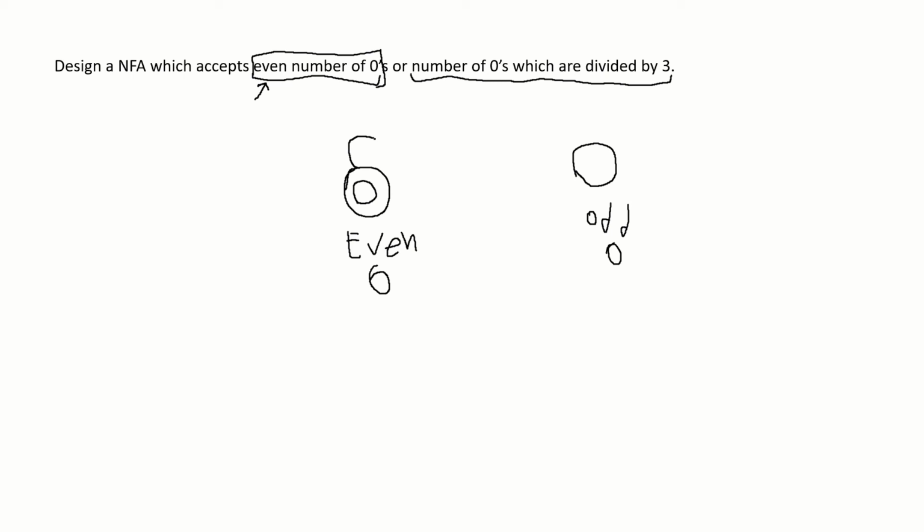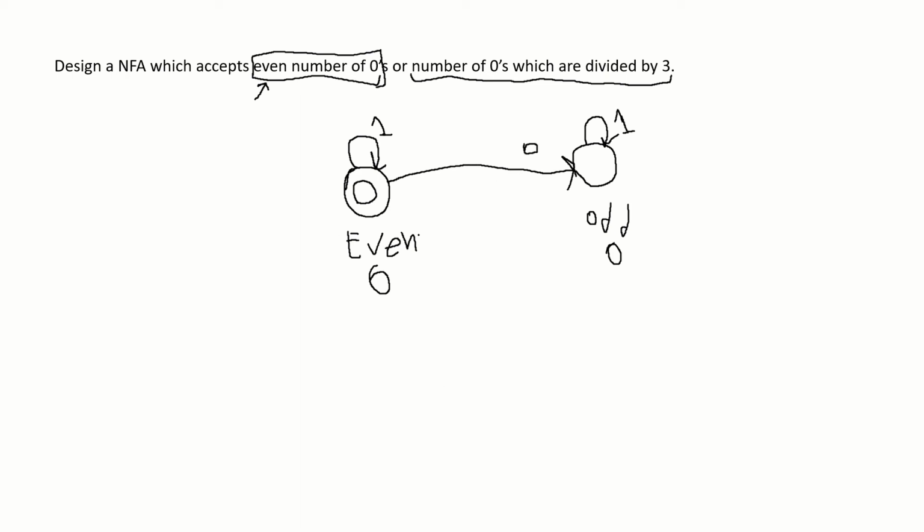So for that we will have a self loop for symbol 1 in both of these two states. But if we get a 0 from this even 0 state, then we will go to the odd 0 state, right? Why? Because even plus 1 is odd.